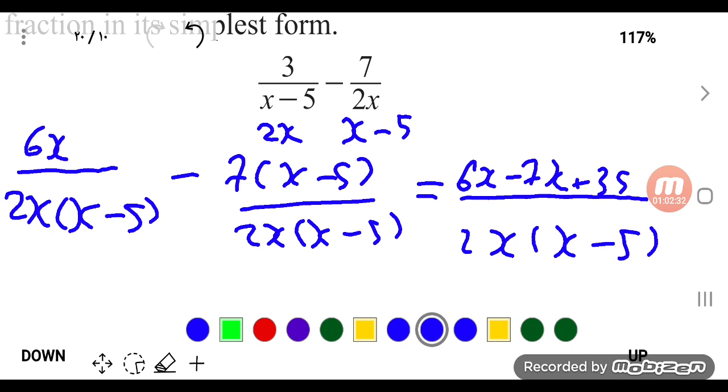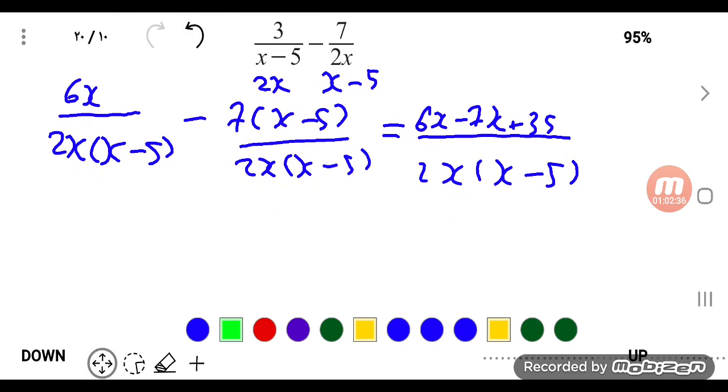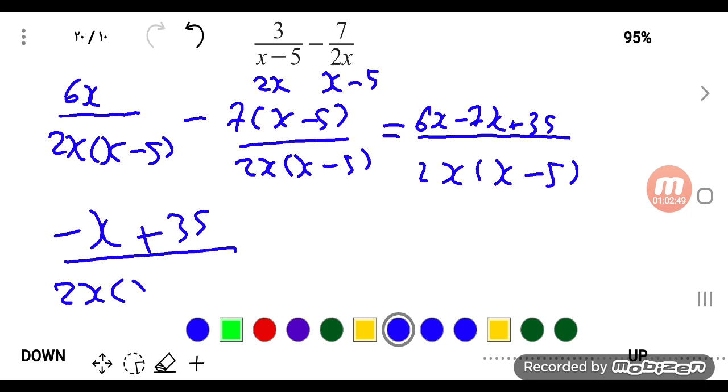Now you continue simplifying. 6x minus 7x, you get minus x, plus 35 over the denominator, which is 2x times x minus 5. Like this, you solve this algebraic question.